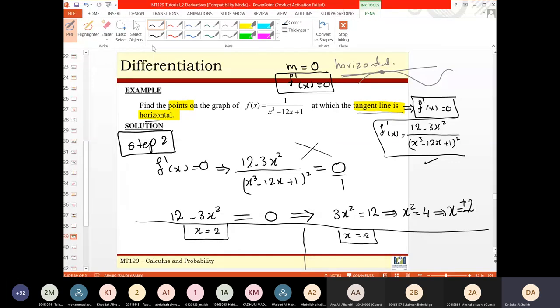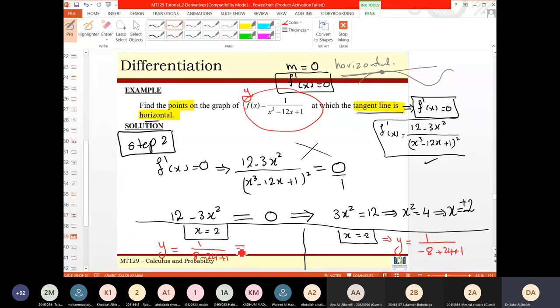We have to find the y now. How can I find the y? From this. The y, when x is 2, is 1 over 8 minus 24 plus 1. Substitute, yeah. And when it's minus 2, the y is 1 over minus 8 plus 24 plus 1.